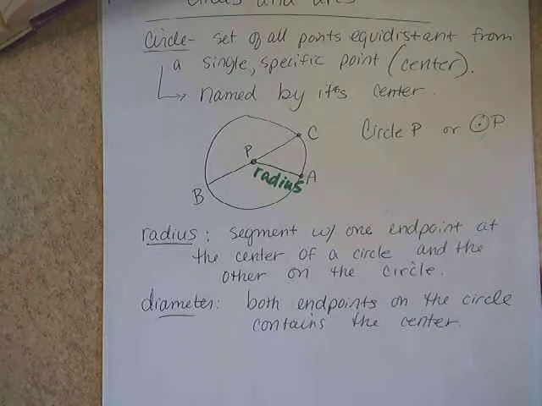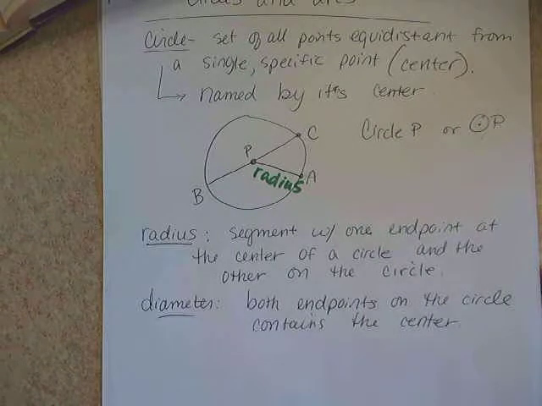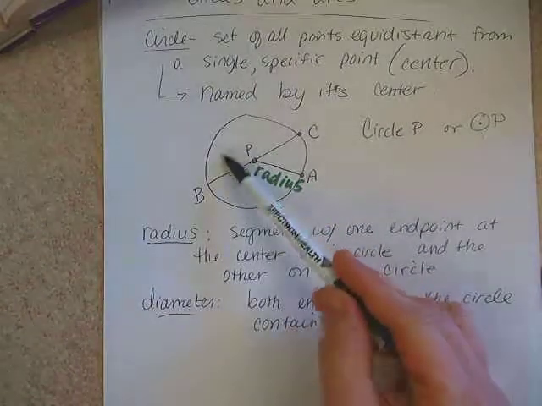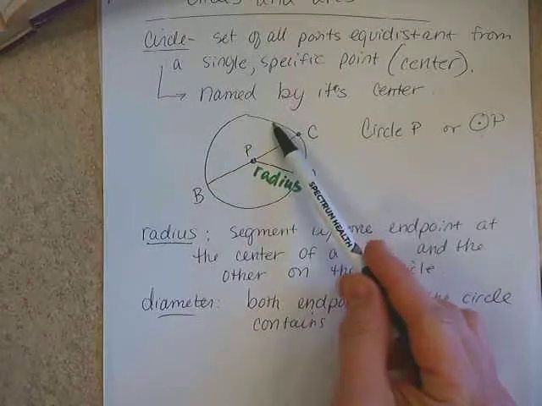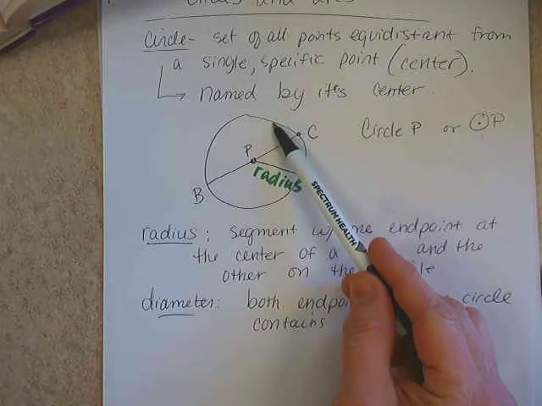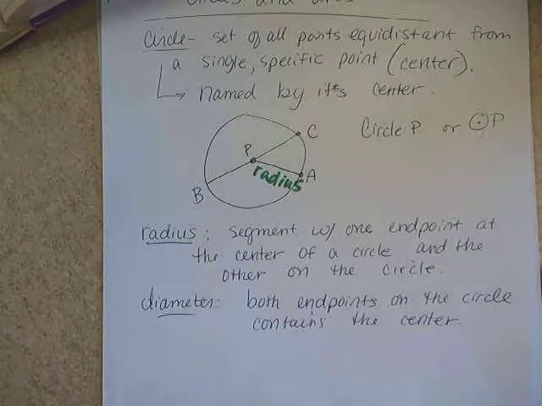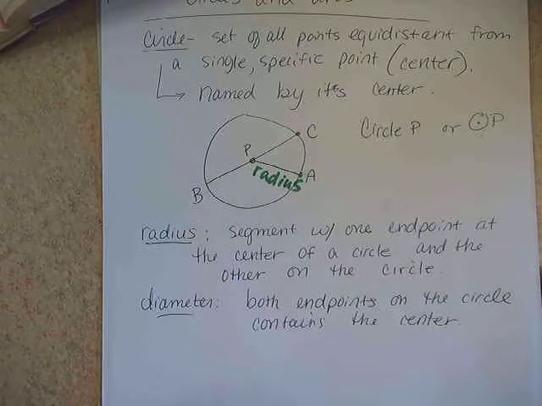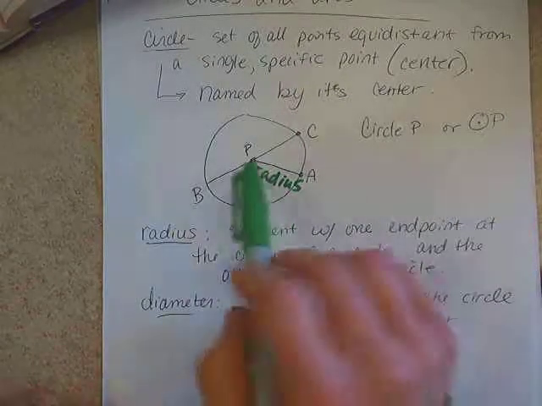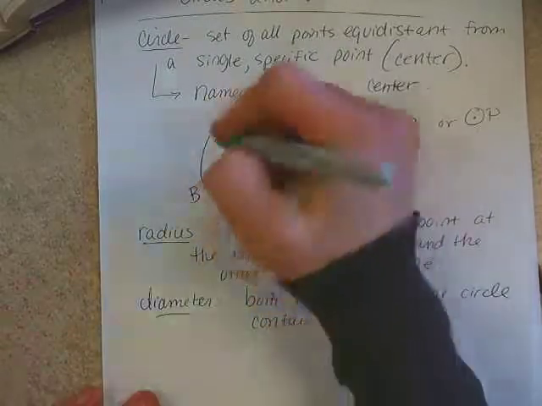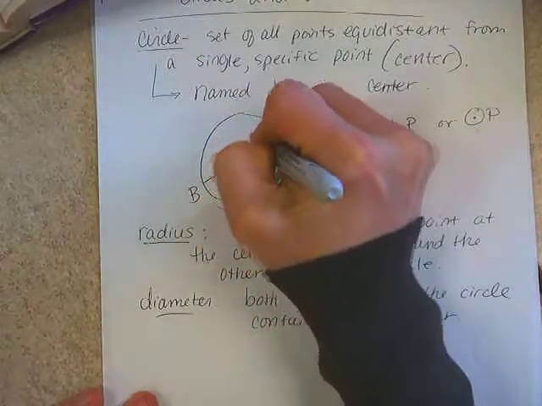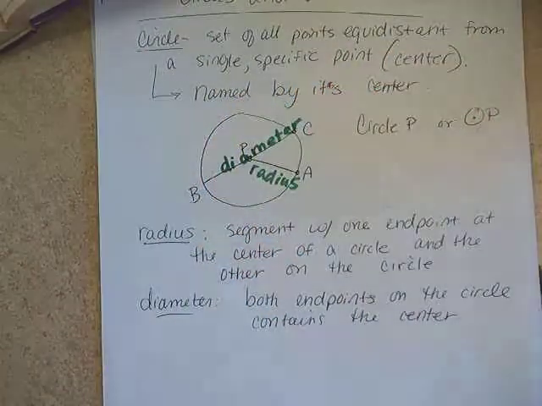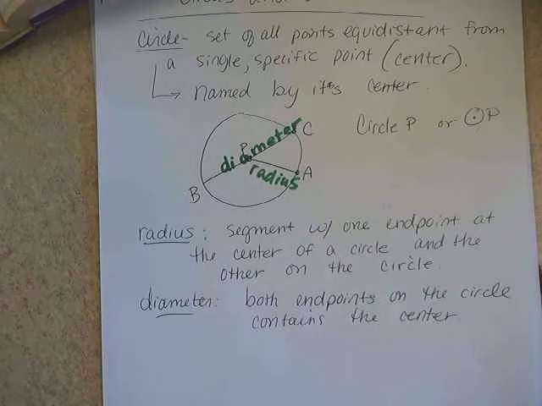Okay, so just because you have two endpoints on a circle doesn't mean it's a diameter. It does have to go through the center. So BC in this case would be considered a diameter.